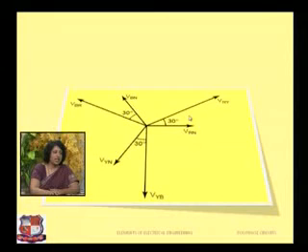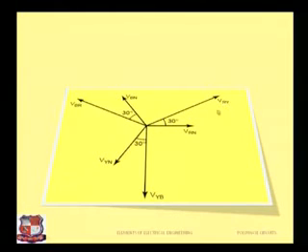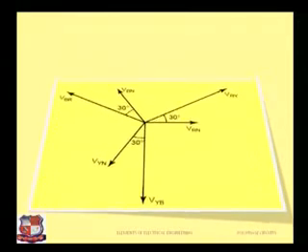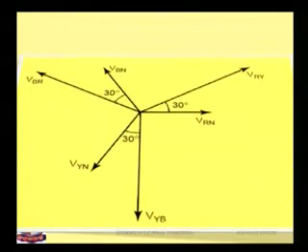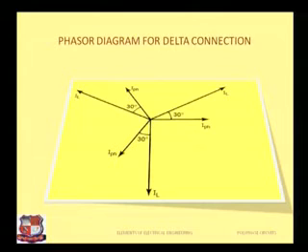So in a generalized way, I can call this VRY as VL and VYN, VRN and VBN as VPH. So what do I observe? VPH is lagging VL by 30 degrees in case of star connection. Is it understood?